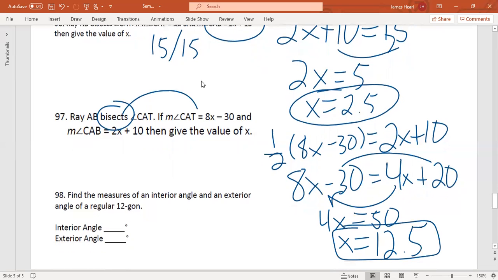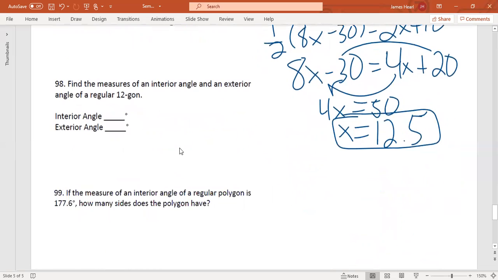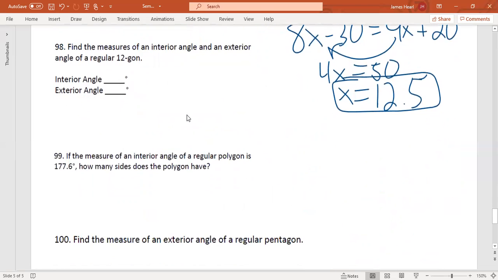All right, the last few here, let's get into a little bit of work on polygon and angle measurements. So for 98, we want to find the measures for an interior and exterior angle of a regular 12-gon. So we'll take 12 minus 2 times 180, and that is the total measurements of all the angles inside the 12-gon.